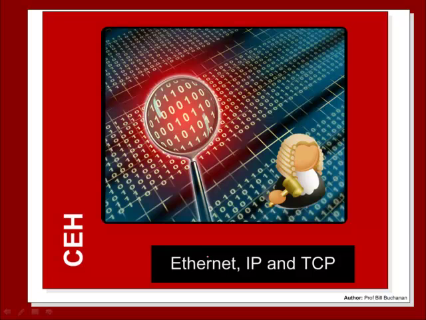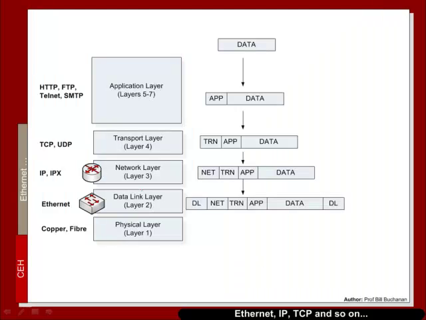So now we'll look in a bit more detail at the three basic protocols that are often used within any internet communication, and that's Ethernet, IP and TCP. And they basically fit together like this.